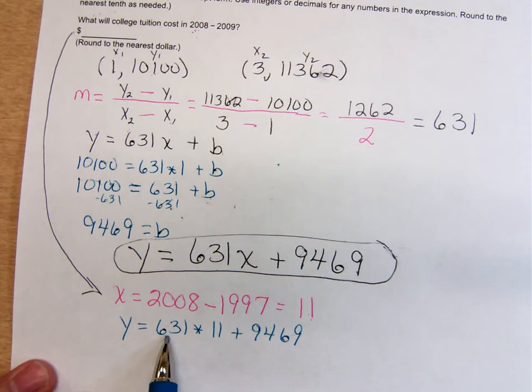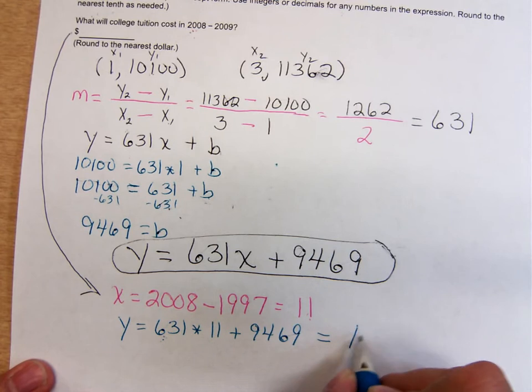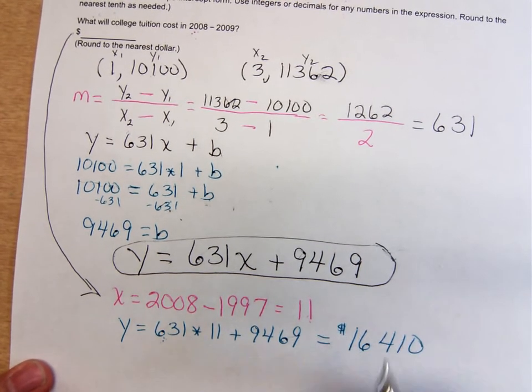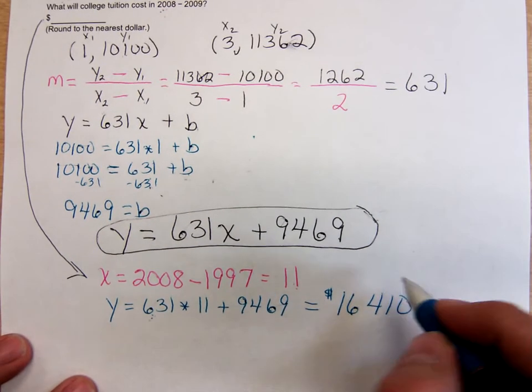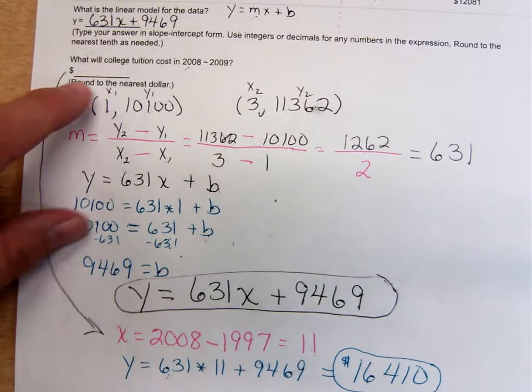So 631 times 11 plus 9,469 is $16,410. And this says round to the nearest dollar.